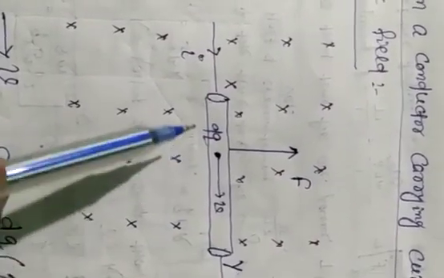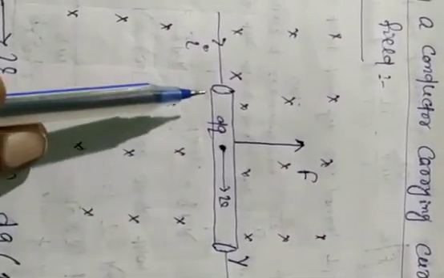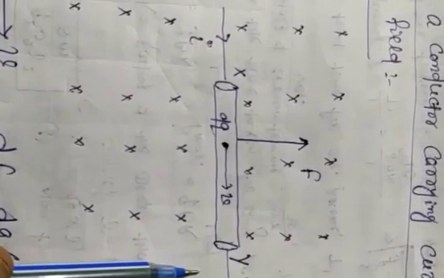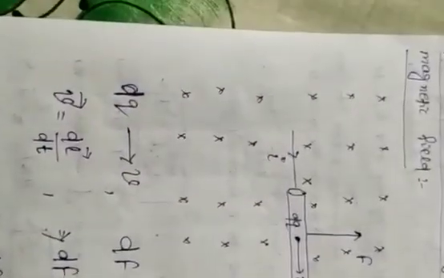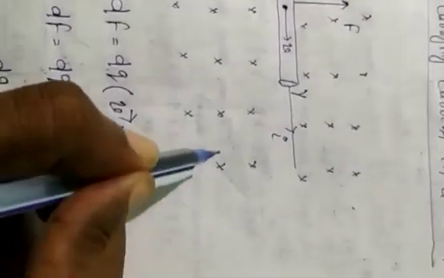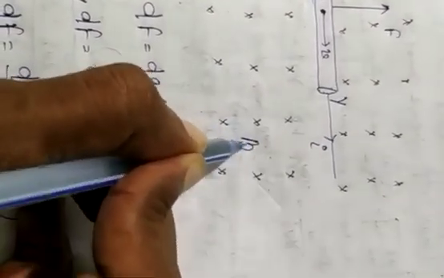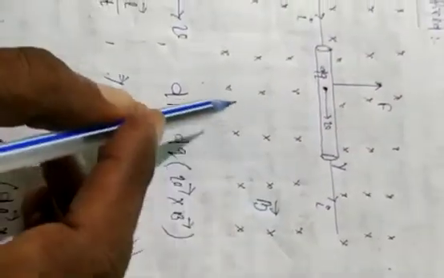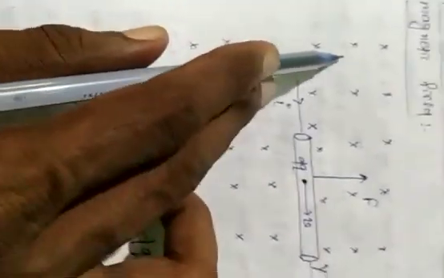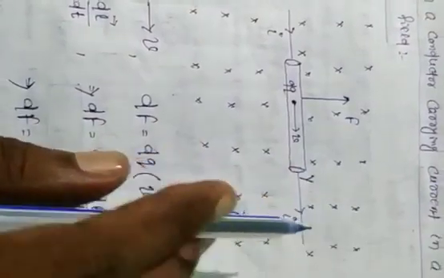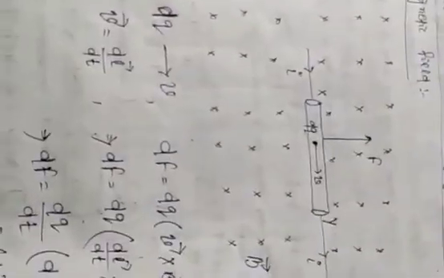For this, let us consider a conductor XY placed in a uniform magnetic field of field strength B. The cross mark shows a uniform magnetic field which is directed inward.